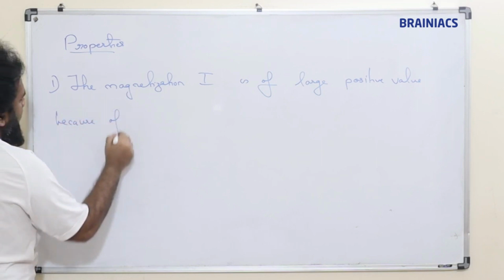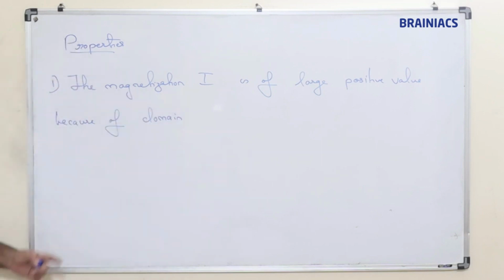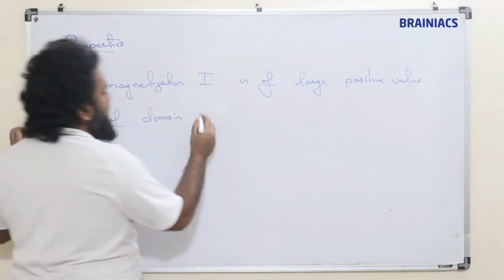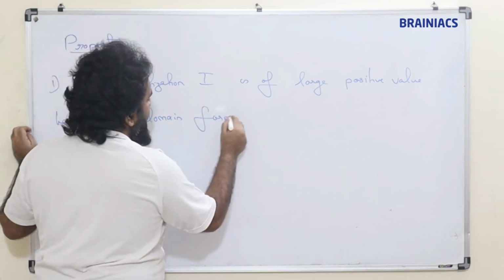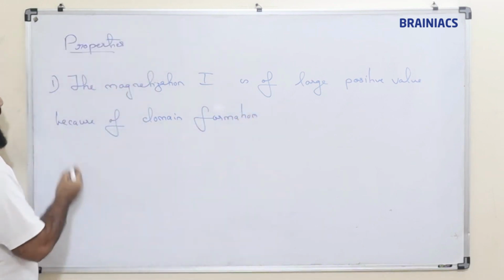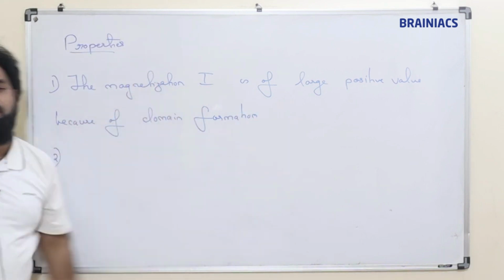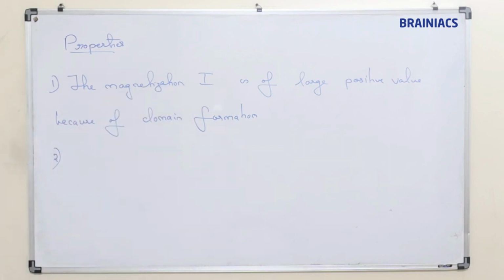Because of domain growth, this will have a large value of magnetization. Clear or what? This domain formation will help in the magnetization process, so I will be of very large value.